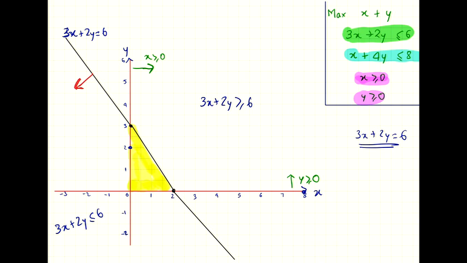All right, so this is the line x plus 4y equal to 8. And the constraint that it's less than or equal to that 8 is saying that we should stay under this line.